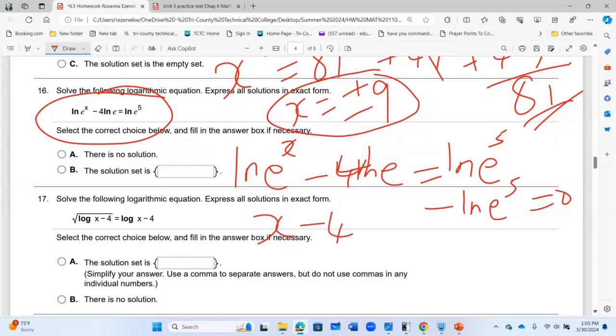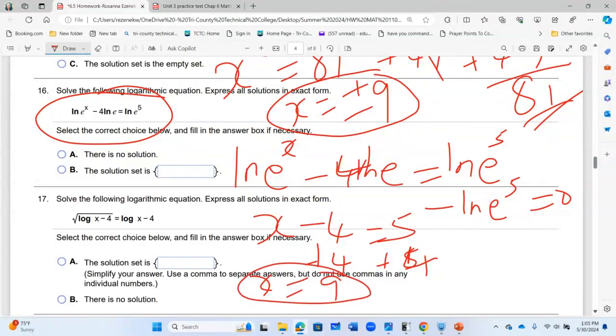Natural log of e to the power 5 is 5. So there's actually nothing to solve here. Plus 4, plus 5, plus 4. So x is equal to 9 here again.